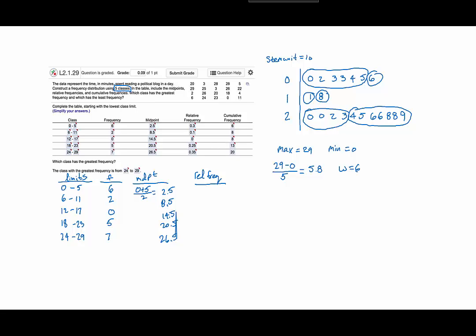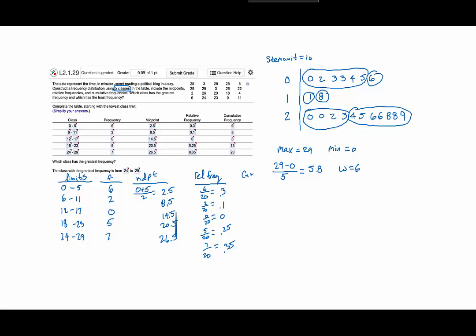There are 20 data values in this data set, so the relative frequency for the first class would be 6 divided by 20, which would be 0.3. 2 divided by 20 would be 0.1. 0 divided by 20 would be 0. 5 divided by 20 would be 0.25. And 7 divided by 20 would be 0.35. And this should all add to 1.